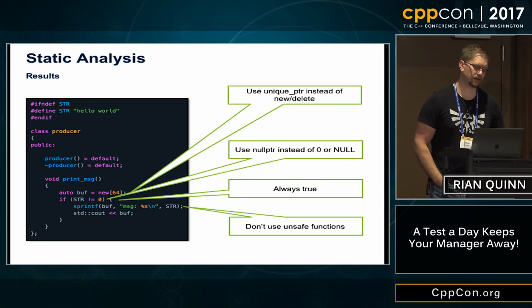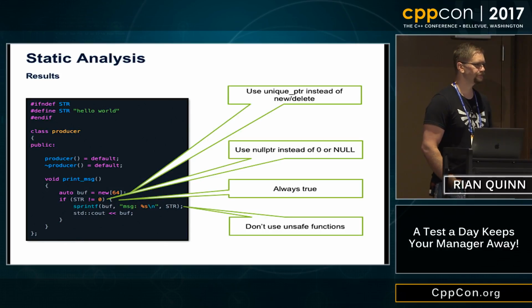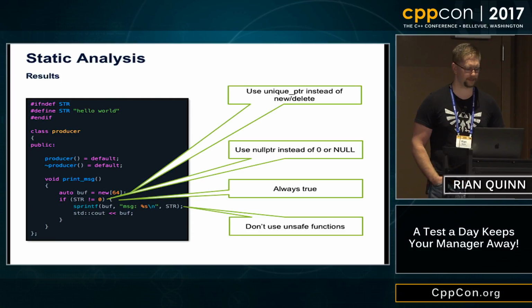Another one that it'll find is you should be using nullptr instead of 0 or NULL. And that's a Clang-Tidy modernization check. It's also going to notice that that if statement is always true. Reason being is that right now, since we're not recompiling this program with a different string, hello world is a const char star that always points to something. Therefore, it is never null in this example.